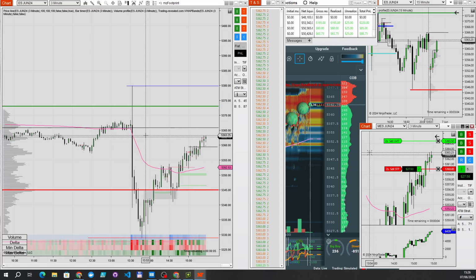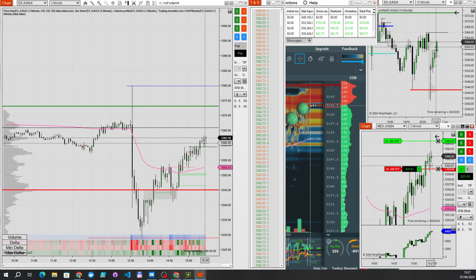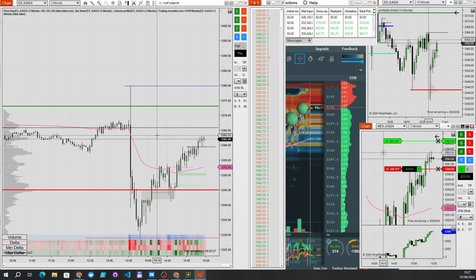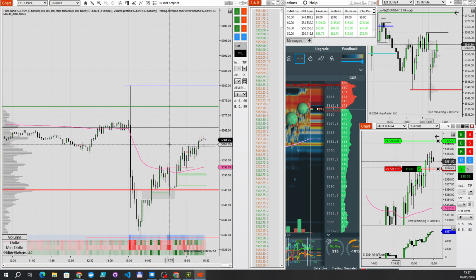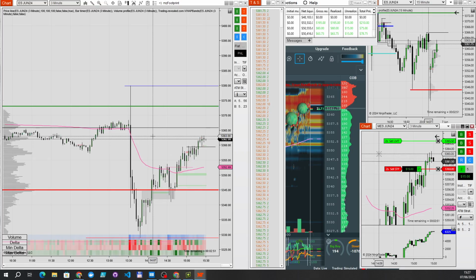They could pull the market down again, but because they've done it already here, I'm thinking they're gonna go and do this now, I think. Maybe not. I have to give space. Give space.